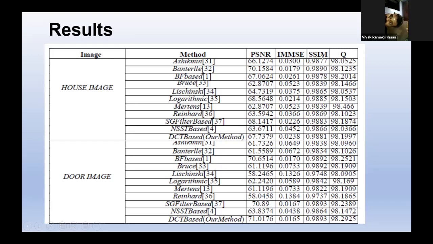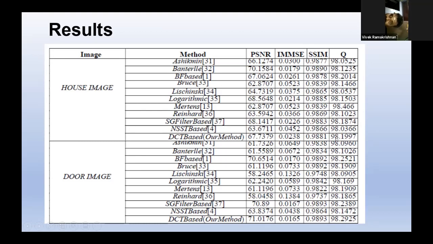The SSIM index is again a very good index, that is 0.9881, 0.9893, and the Q factor, which is some kind of a measurement factor for the exposure fusion, which is obtained as a visual difference predictor. Like what is the difference between the original image and the image obtained by the compositing value. So that is some measurement factor for the multiple variable exposure images.